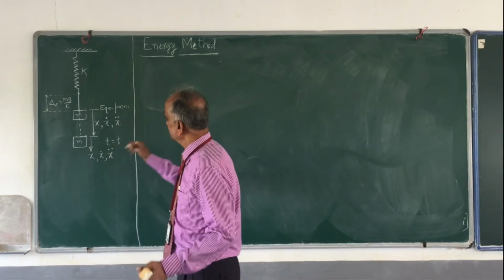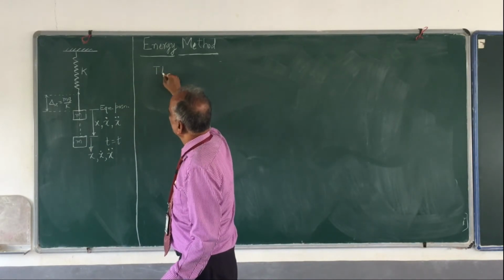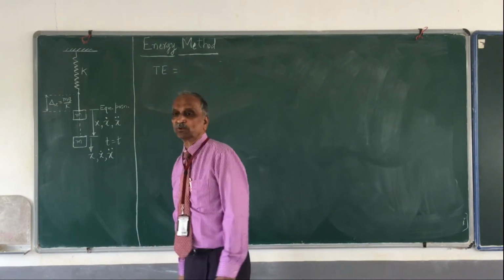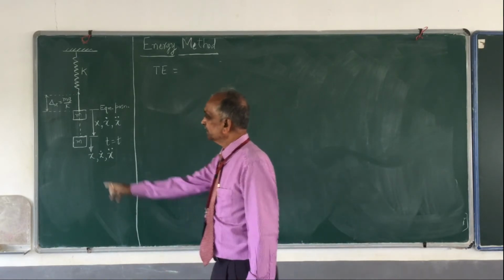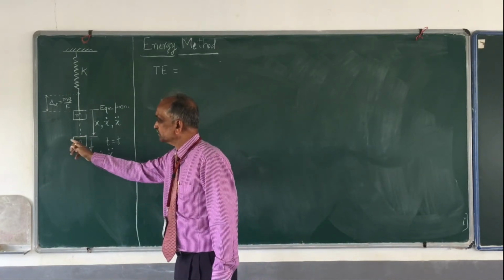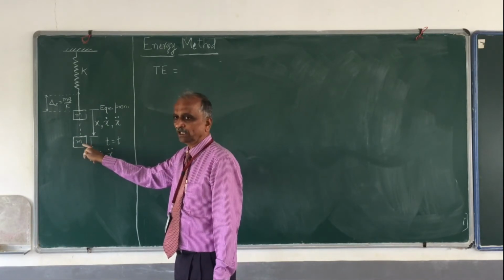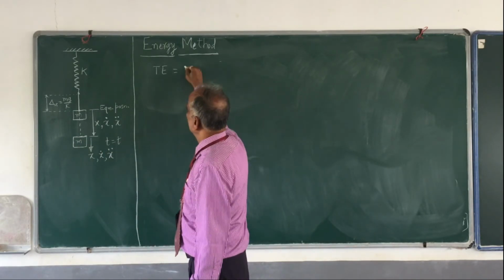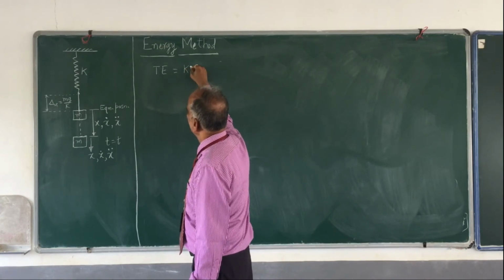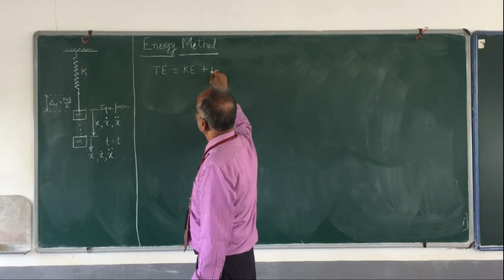Now with this, I would like to come back here and write down the total energy. This mass possesses potential energy and also kinetic energy. Therefore, I shall write kinetic energy plus potential energy.